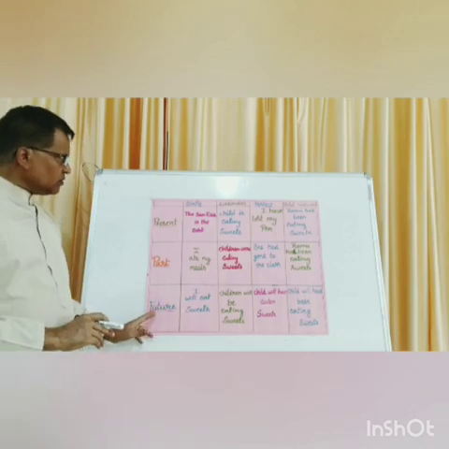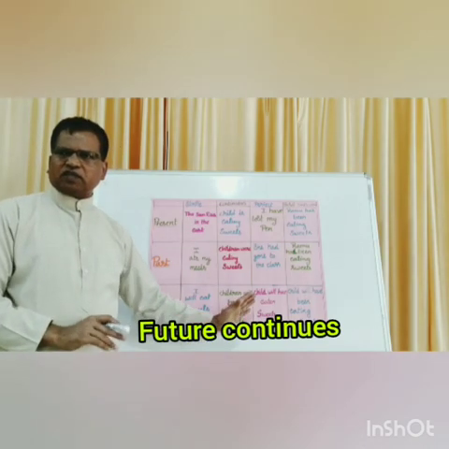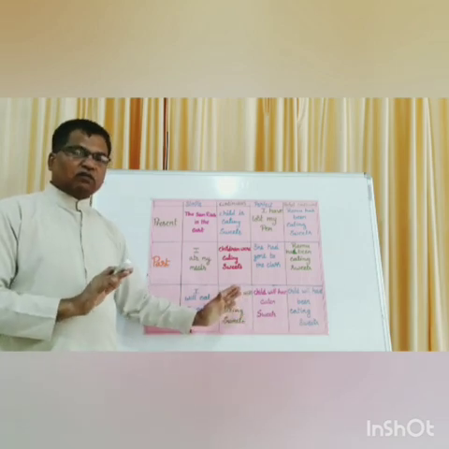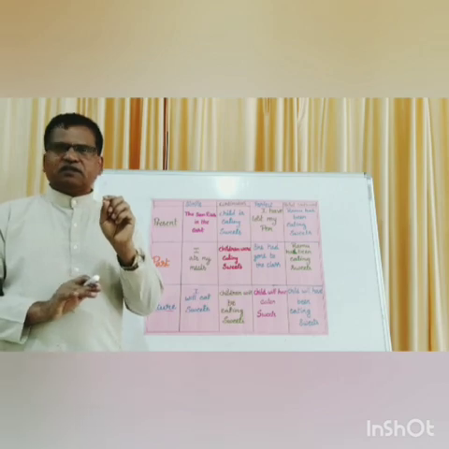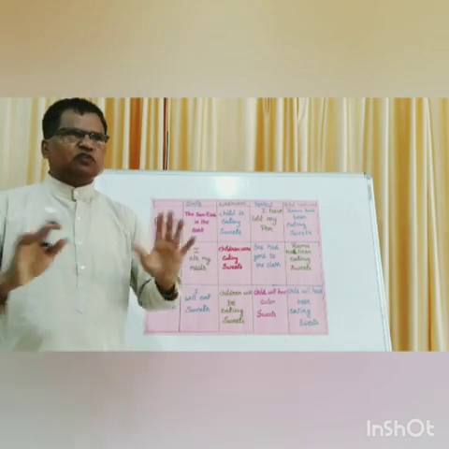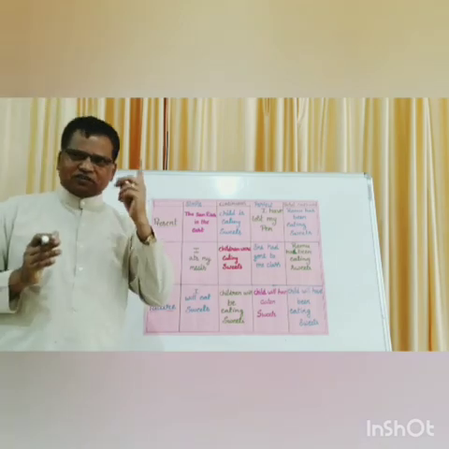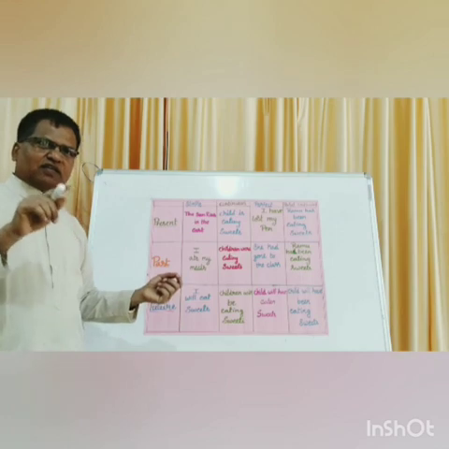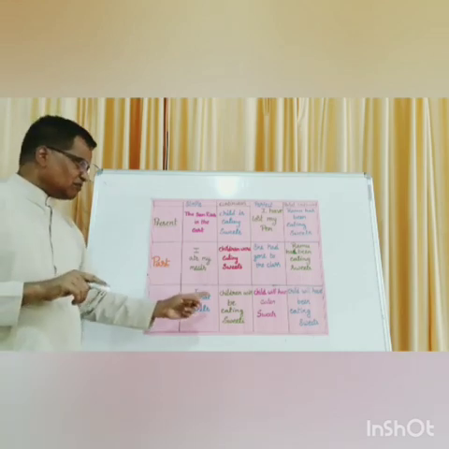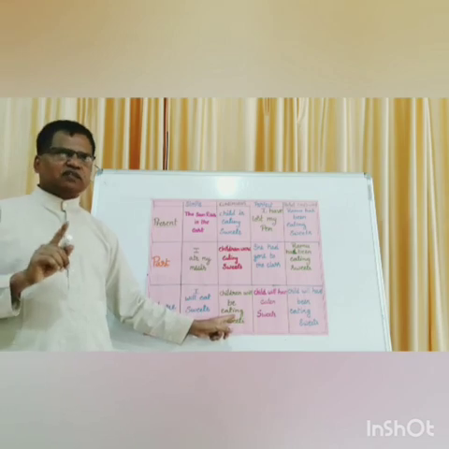Then next is future continuous. Whatever subject you put, will comes there. Will. Okay, another word is added, be. Now, whenever there is a be, you should know you are in the continuous column. That's all. You see, that one word is enough for us. But provided the main verb is in the ing form.